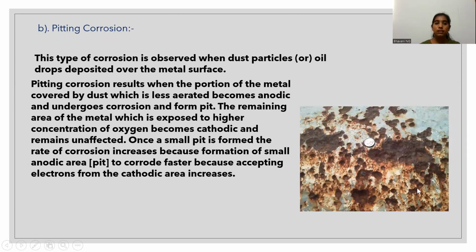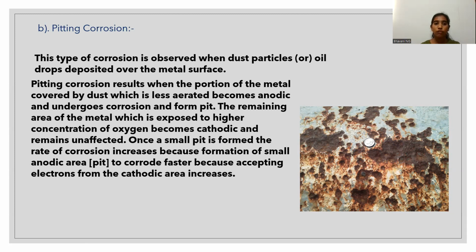Pitting corrosion. This type of corrosion is observed when dust particles or oil drops are deposited over the metal surface. Pitting corrosion results when the portion of a metal covered by dust, which is less aerated, becomes anodic and undergoes corrosion, forming a pit.